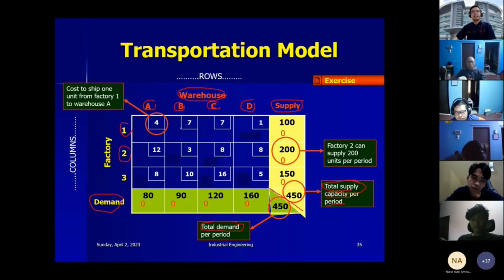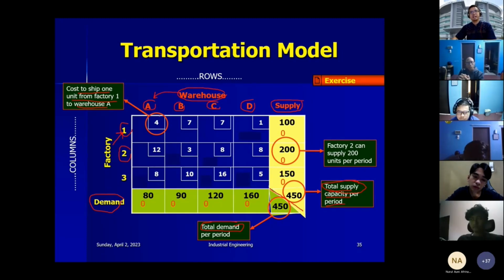Each small box here represents the cost to ship one unit from factory 1 to warehouse A. For example, in ringgit Malaysia, the cost to ship one unit from factory 1 to warehouse A will be 4 ringgit.